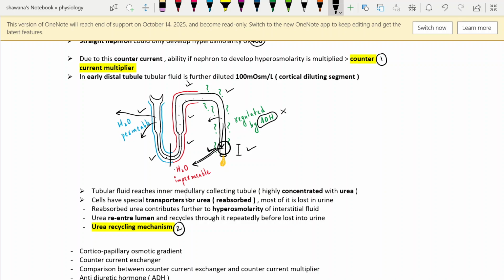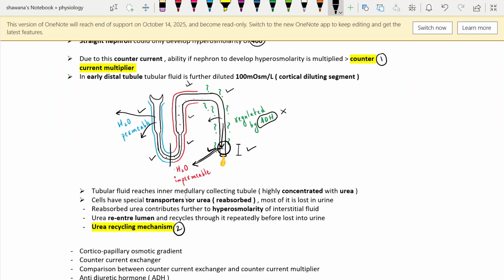Of course, not all of the urea is reabsorbed here. A lot of it is passed into the urine all the time, because urea is of course a component of urine. Mostly 50 to 60% of the urine composition is urea. So that's why urea is passed into the urine and also is reabsorbed into the interstitium.